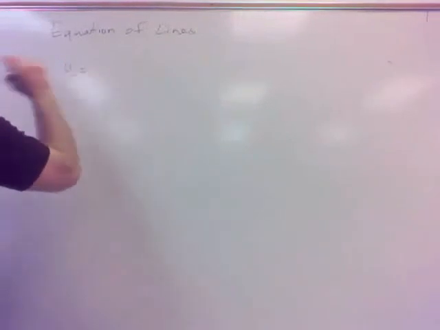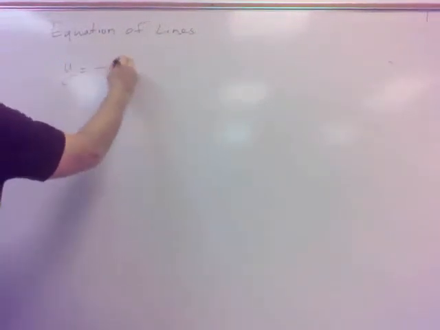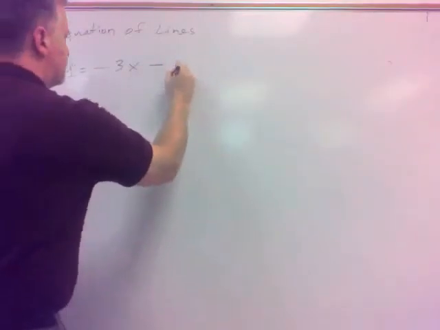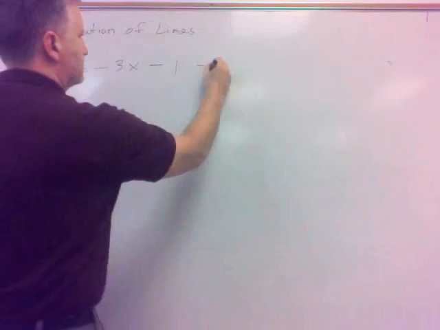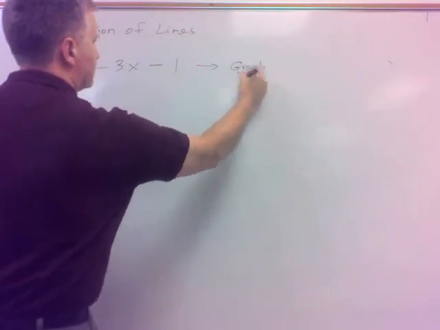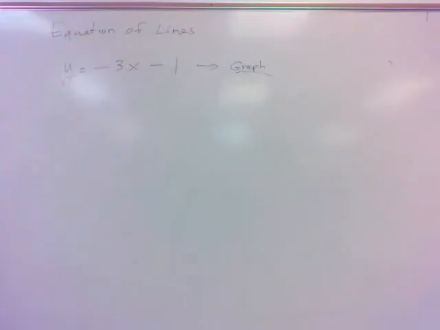Let's change it. All right, y equals negative 3x minus 1. Again, I just want to graph it. Well, that's our so-called y equals mx plus b line again, isn't it?